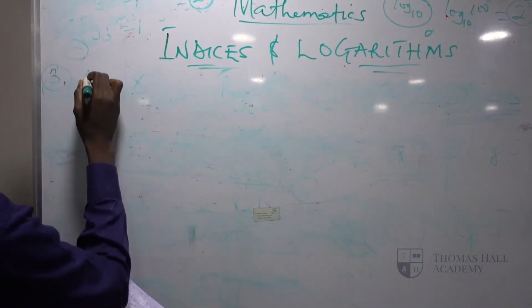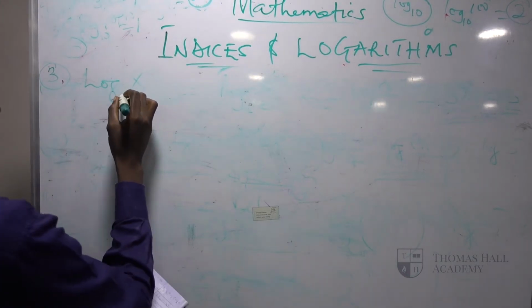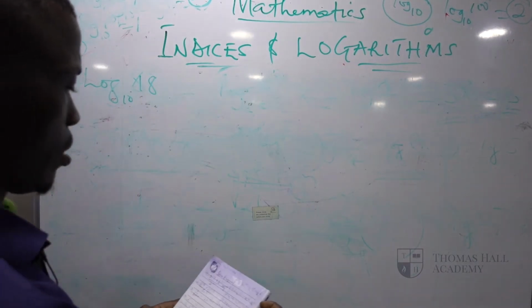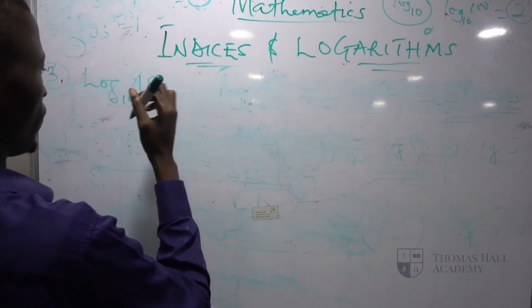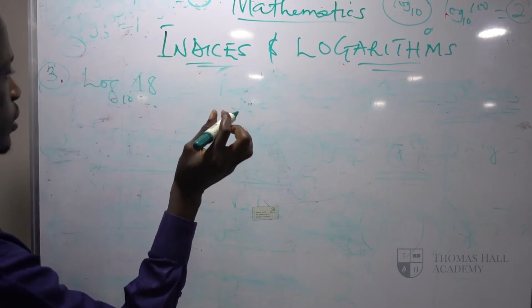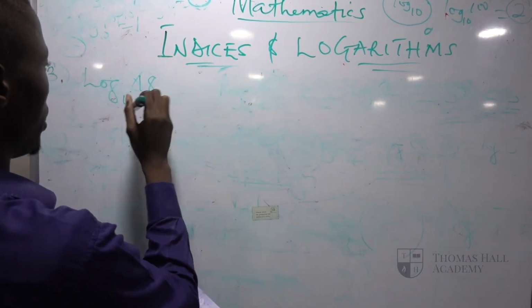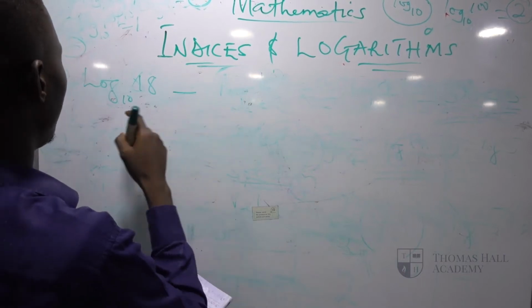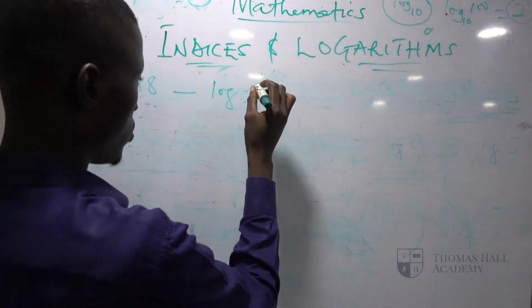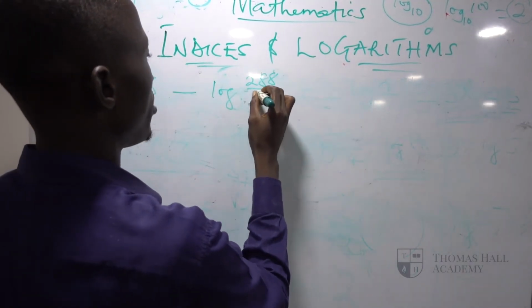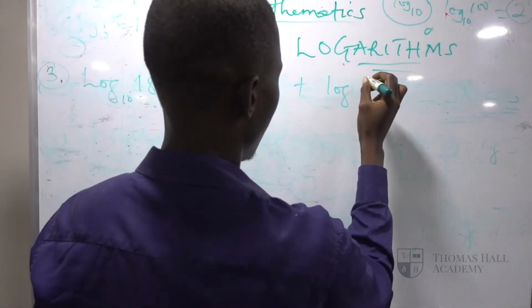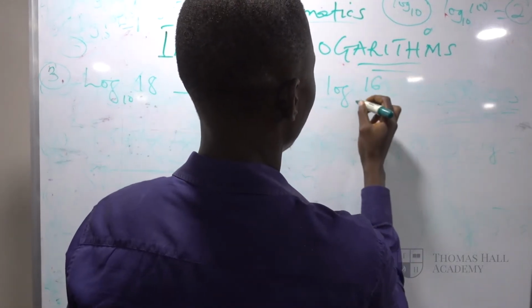Where we have this: log 18 base 10 minus log 288 divided by 100 base 10 plus log 16 base 10.